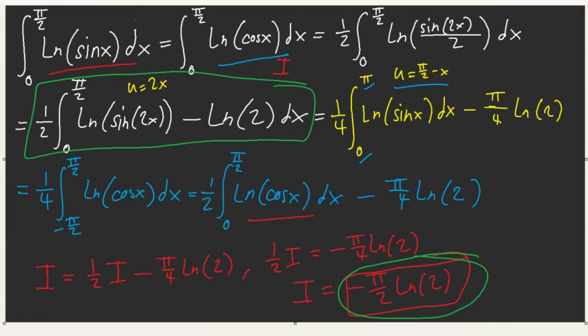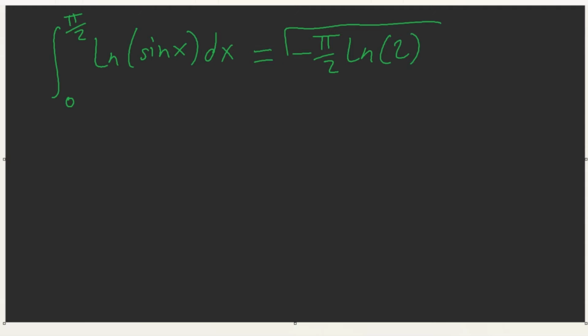So for sure, just want to let you know. Let me clean this mess up and rewrite it again for you. The integral from 0 to pi over 2 of ln of sine of x comes up so many times. You might as well just memorize the answer: negative pi over 2 ln of 2.